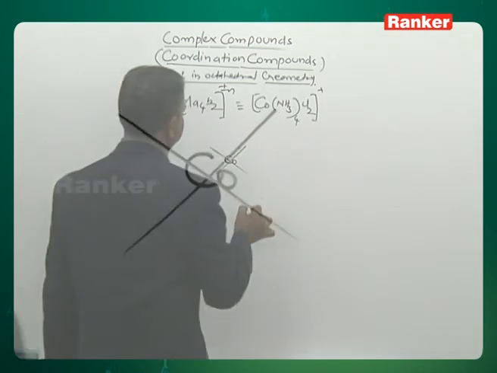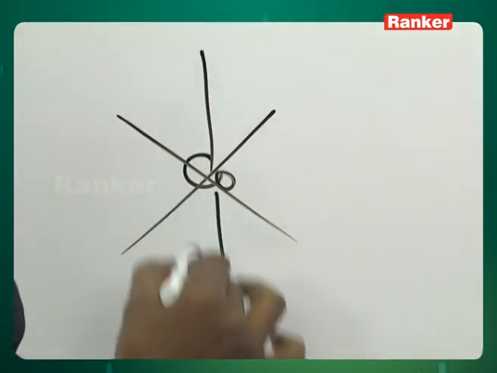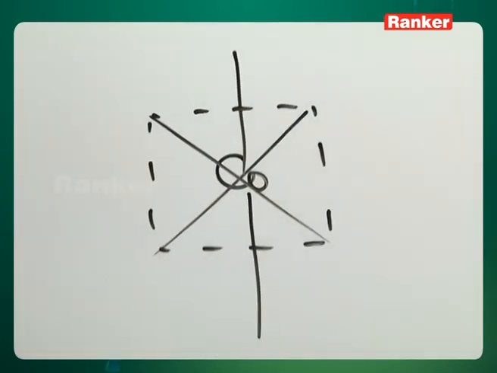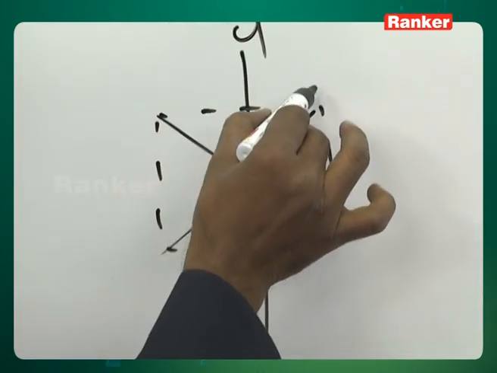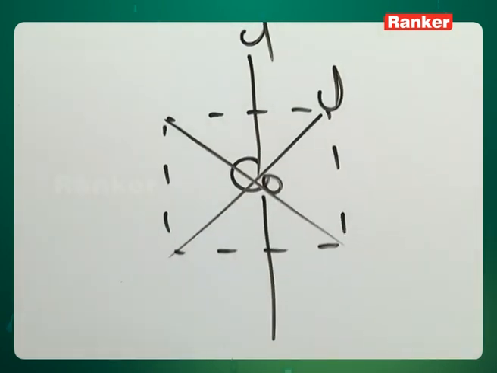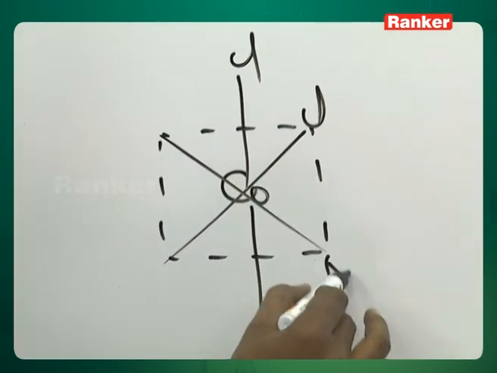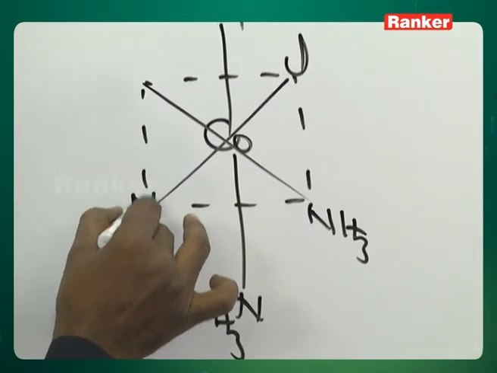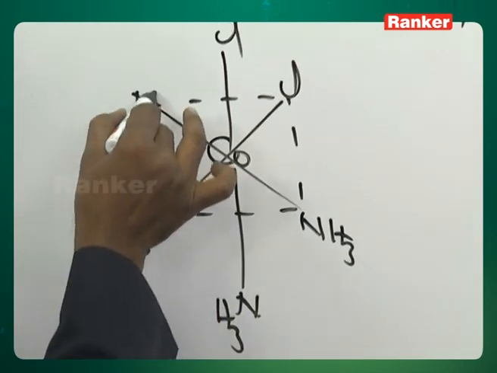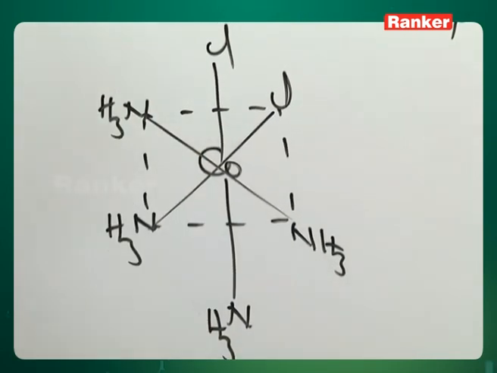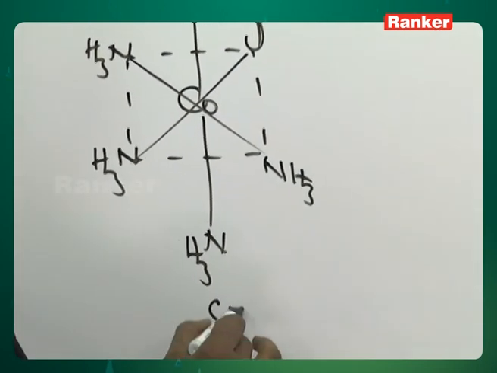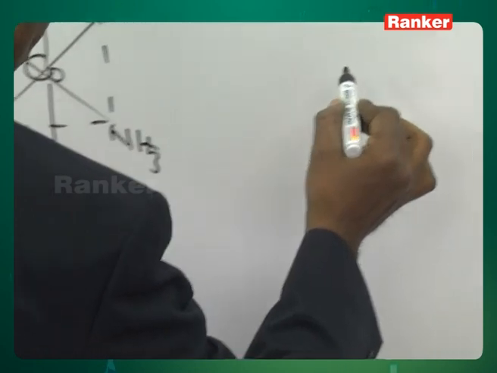Make the octahedral geometry. Right, 2 chloro ligands are written cis to each other, adjacent, and the remaining 4 ligands. So this particular complex we consider as cis. Then one more I write, trans.